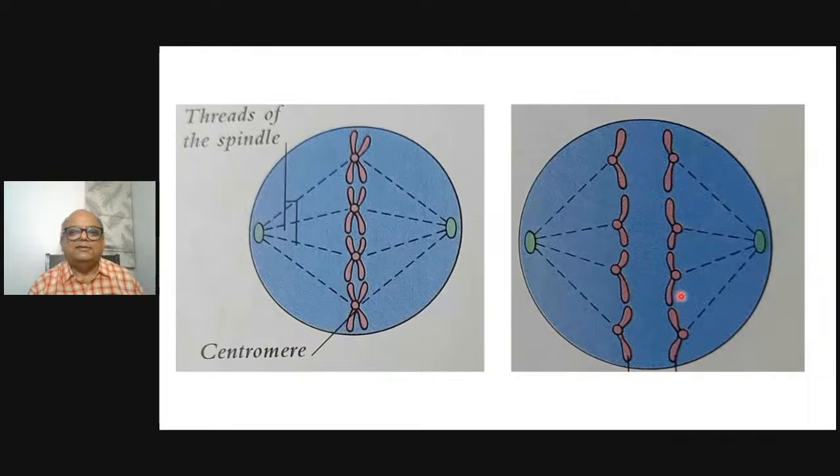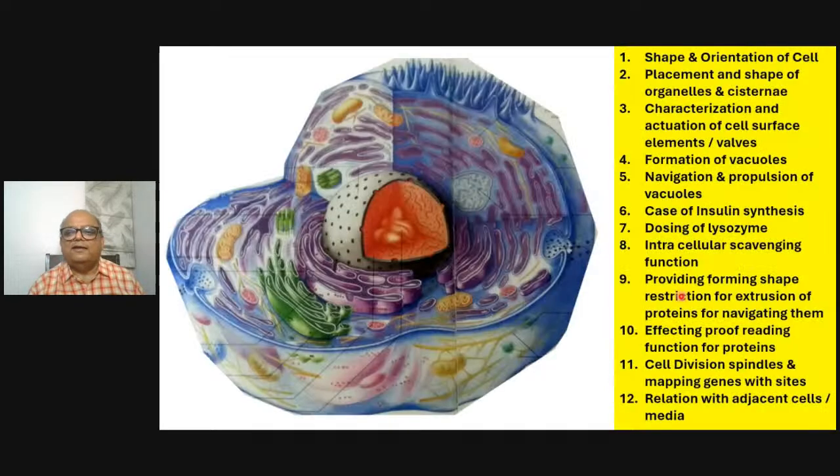Now all these mechanisms are clearly realized through these spindles which carry out cell division. Okay, so cell division, mapping of genes with the site within the cell, all these functions are realized through the cytoskeleton, the fibrous material within the cytoplasm.